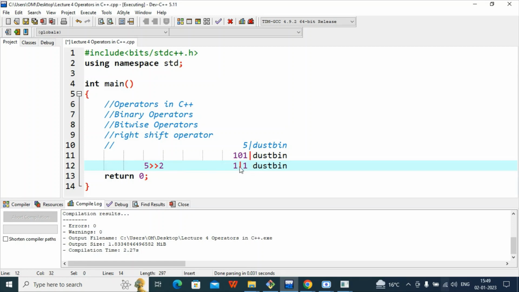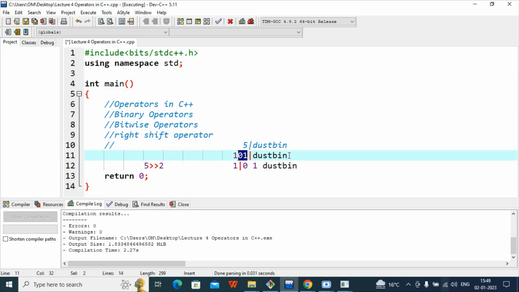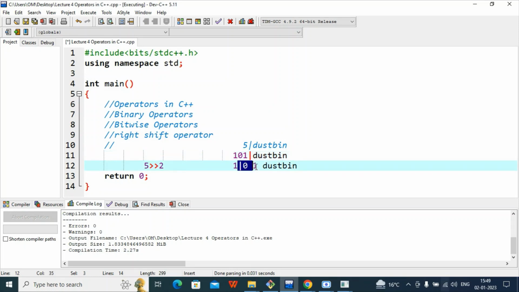So I'll erase this 0 from here and put it here. This is the 5 right shift of 2. It means 2 bits are shifted from here and put to the dumping ground on the right hand side. And now what you will be left with is 1. Now 5 right shift of 2 is 1, right?